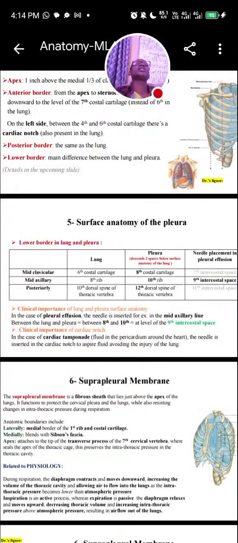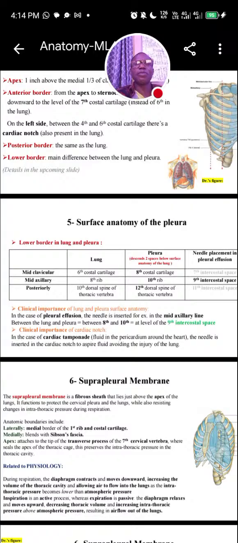On what? The surface anatomy of the pleura. And in the surface anatomy of the pleura, we said needle placement in case of pleural effusion, lower border in lung and pleura, is either the 7th intercostal space or the 9th intercostal space or the 11th intercostal space, that is for mid-clavicular or mid-axillary or posteriorly.